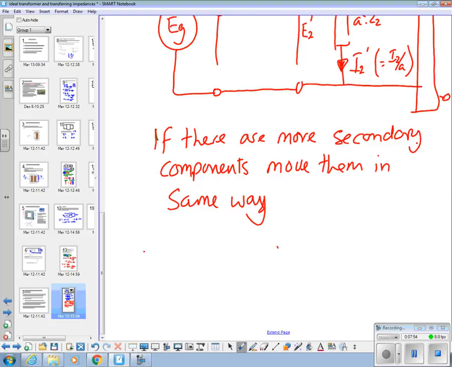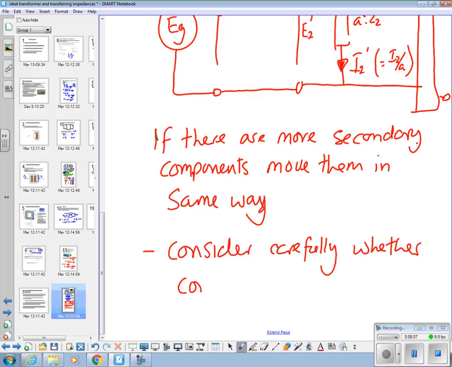And lastly, consider carefully whether complex values are required.